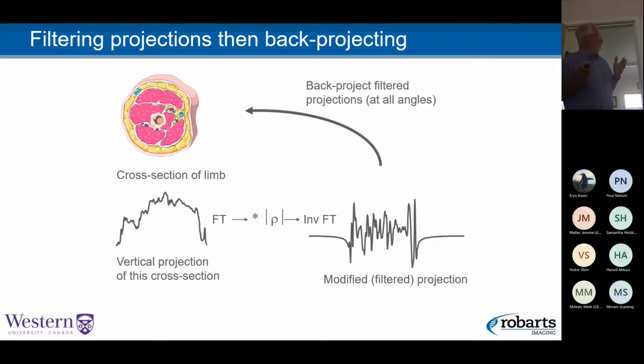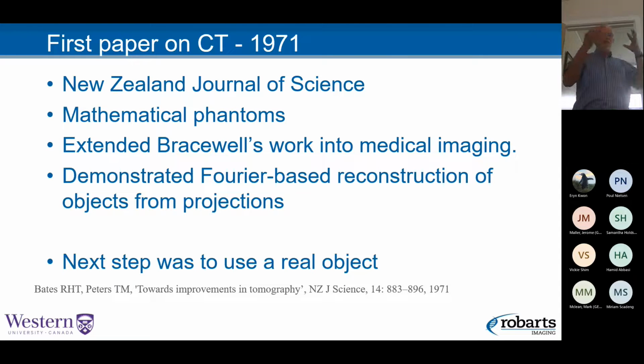I'm skipping through this very quickly, but the point is that we modify this projection by increasing its spatial frequencies, giving it a much more jagged look. But when we back project onto a plane, we get the full image reconstructed.